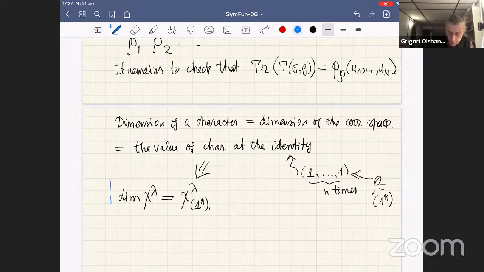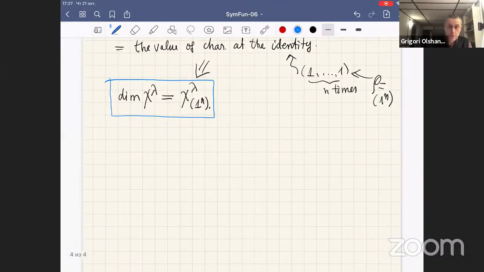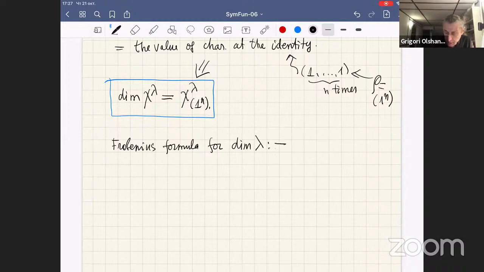Because of this, we are interested in finding at least a formula for this quantity. How to do this? For this particular quantity, there is a closed formula. This is again the Frobenius formula for dim lambda, which is my notation for this quantity.